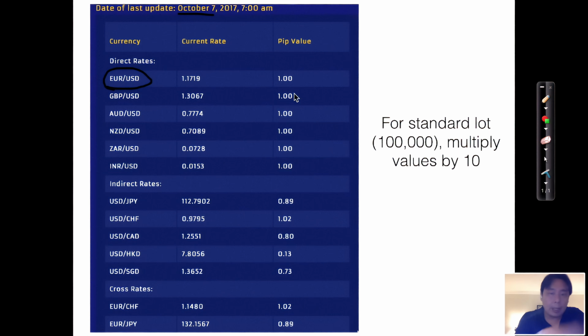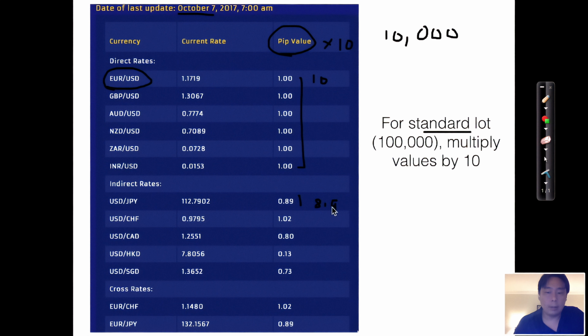now, this table is based on a mini lot of 10,000. Okay, so we want to look at a standard lot, which is 100,000, right? Which I talked about. So, in other words, you have to take this multiplied by 10 to get a standard lot. Okay, so 1 times 10 is $10, right? So all this would be $10. Okay, this would be $8.90.